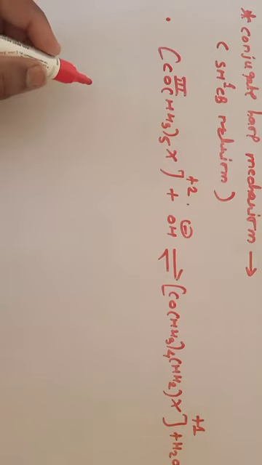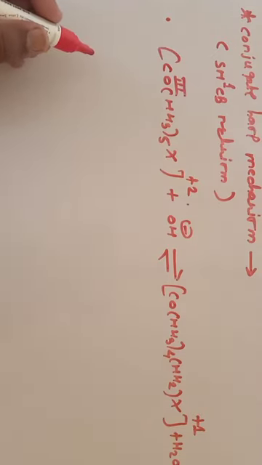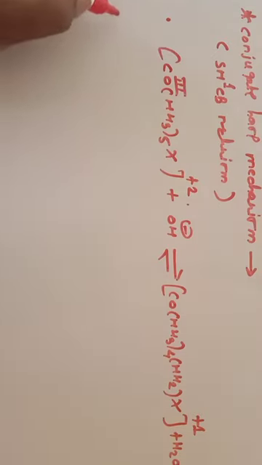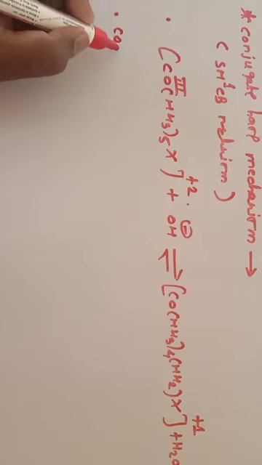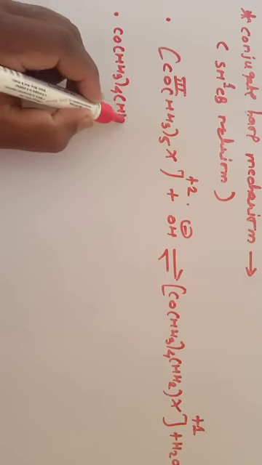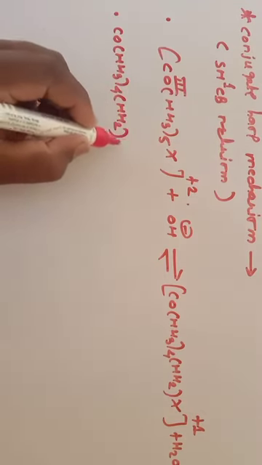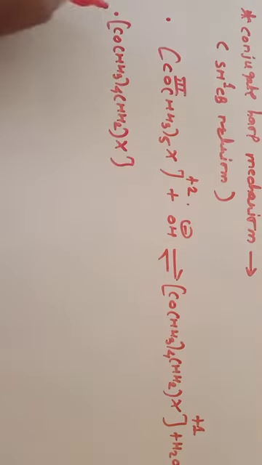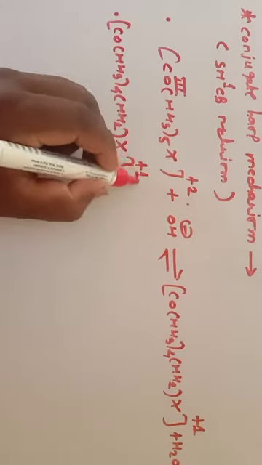In the second step, the species is Co(NH3)4(NH2)X, having a plus 1 charge.